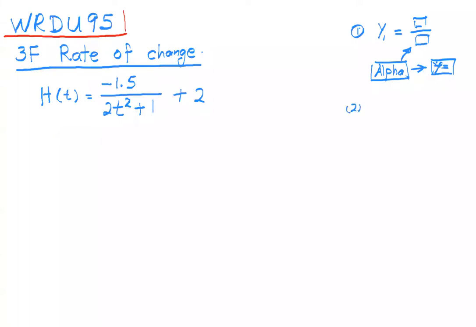whenever you are given a problem either on kinematics or rate of change, the first thing is I'm going to key into Y1 equal to 2 take away 1.5 over 2x squared plus 1.